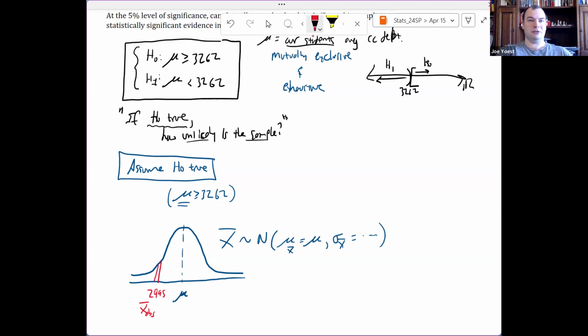If X bar observed was even further to the left, 2994, that would be even stronger evidence against the null, even stronger evidence in favor of the alternative. Or 2993 or 2990 or 2900. If I was going to reject the null at 2995, I would reject anywhere further to the left.